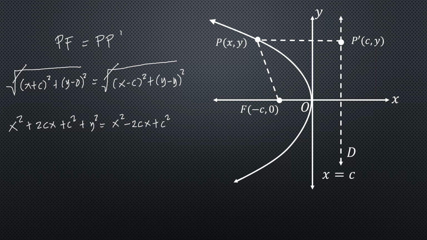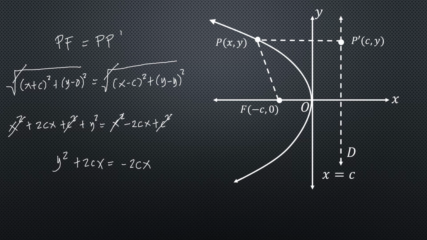Subtracting x squared from both sides in the resulting equation, we'll have x squared minus x squared 0. Also, subtracting c squared from both sides, that will be c squared minus c squared 0. So we're left with y squared plus 2cx equals negative 2cx.